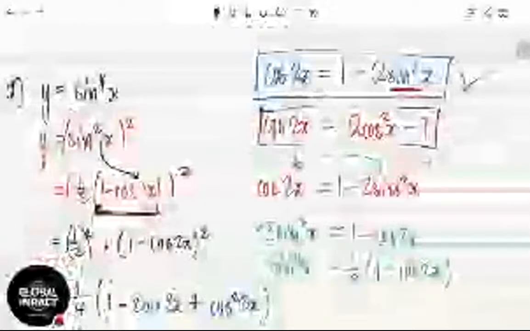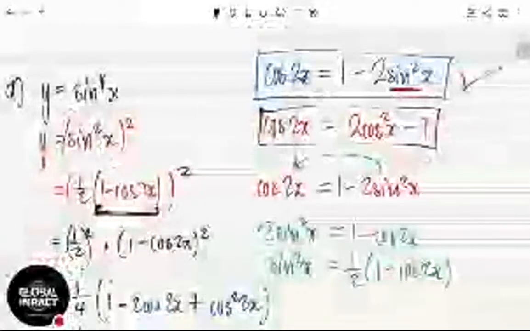Now let's find cos squared x. It comes from sine squared x to go to a 2x. You can see that you double here. It is cos 2x from sine squared. It's the same here. Cos 2x will now be 2 cos squared x minus 1.